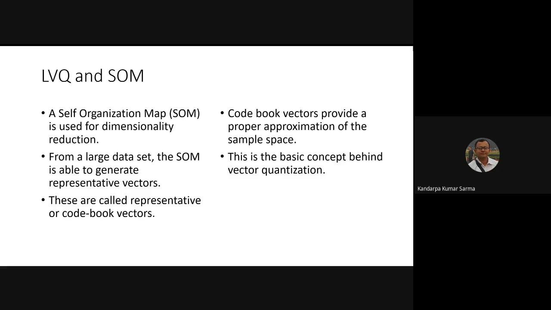So you can use a SOM for subdividing the sample space into several smaller parts, and these smaller parts can have a representative vector, and when these representative vectors are stored in a database, that particular database can be called a code book, and these vectors then become a set of codebook vectors.